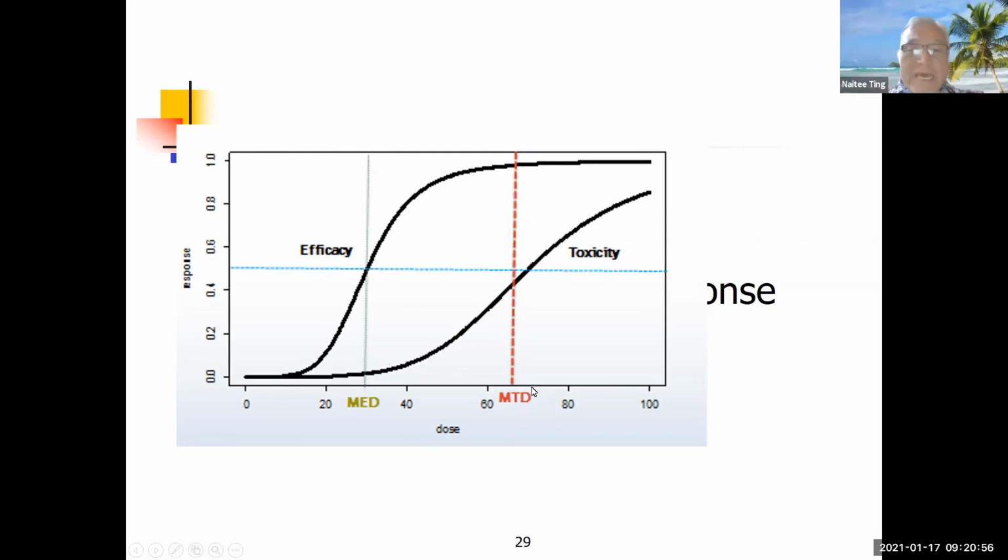People tend to say the range between ED50 and TD50 is the therapeutic window or therapeutic index.